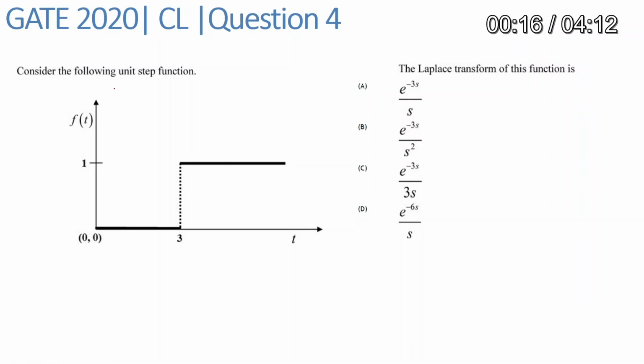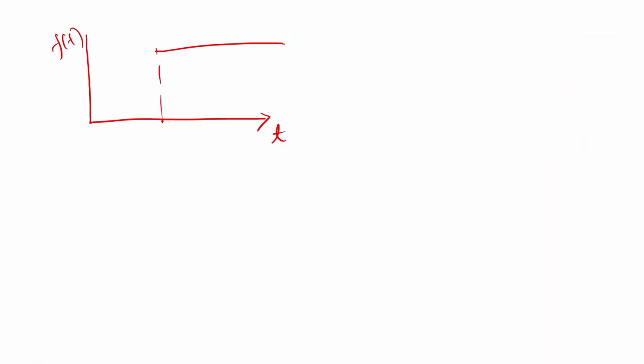Hello everyone. The question here, we have been given such a plot. This is time and f of t. Here we are given a step input of magnitude 1 at time t equal to 3.